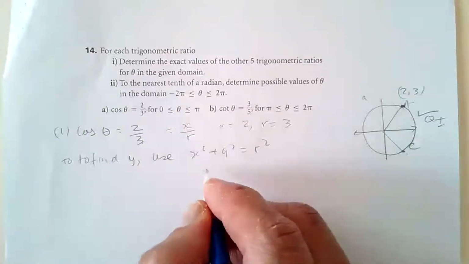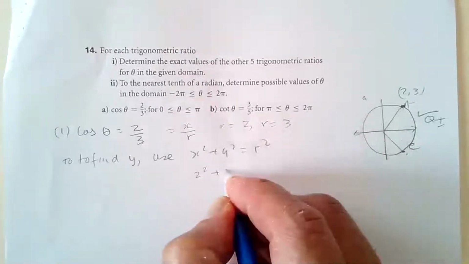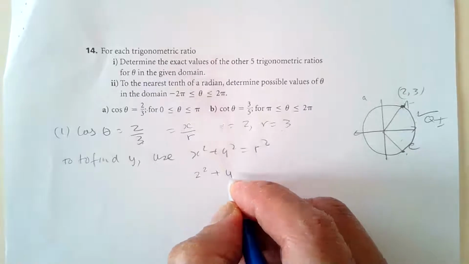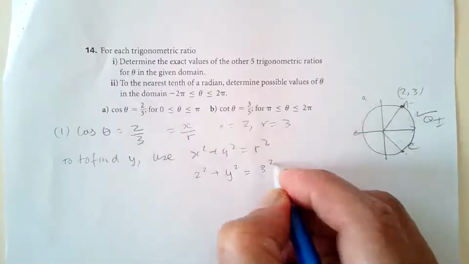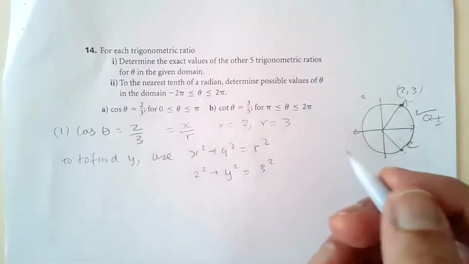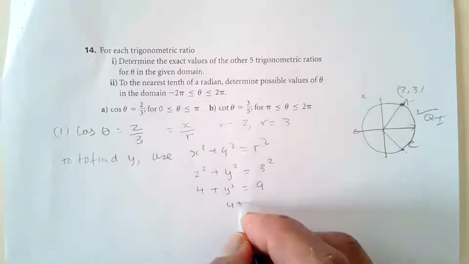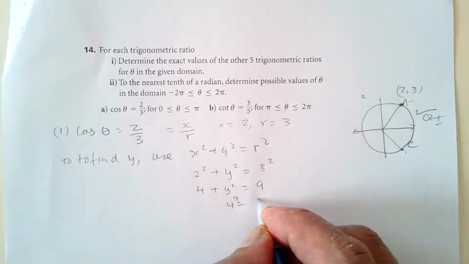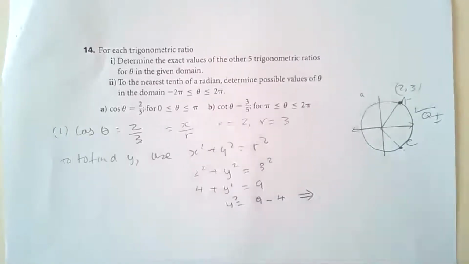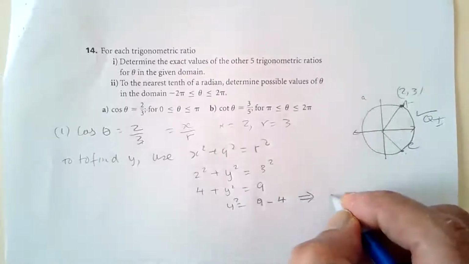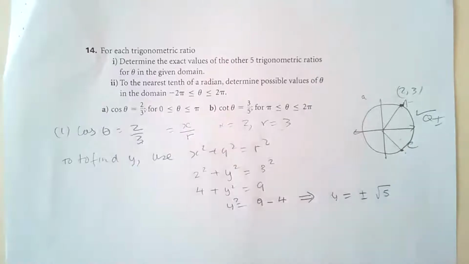So we have 2 squared plus y squared is equal to 3 squared, which gives us 4 plus y squared is equal to 9. So y squared is equal to 9 minus 4, and we conclude y is equal to plus or minus square root of 5.